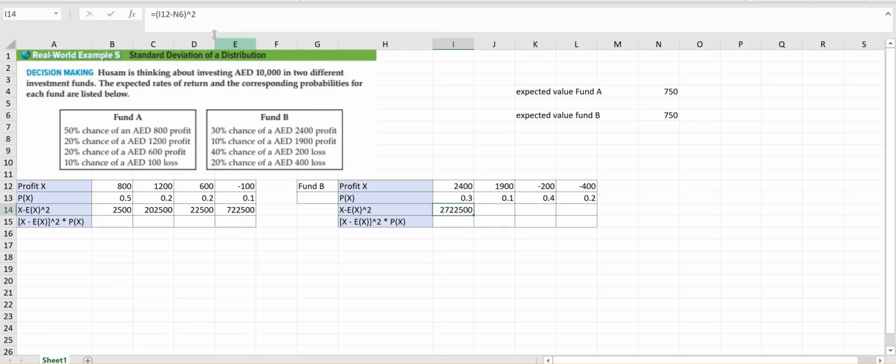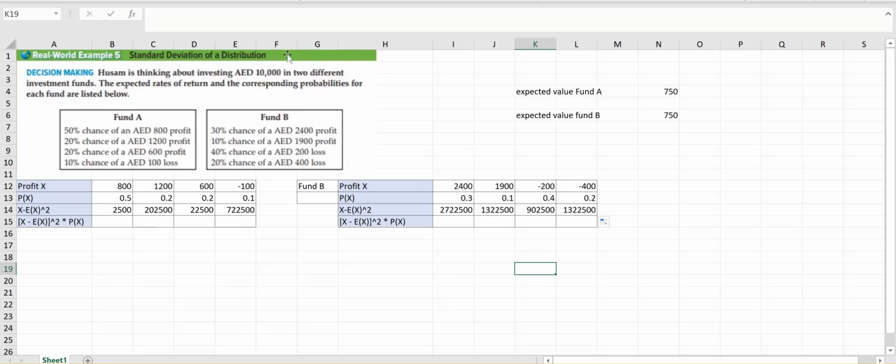I'm just going to go to the formula and add in my fixed value, so I put in my dollar sign, and then I can copy this across. Okay, so these are the values for my funds.